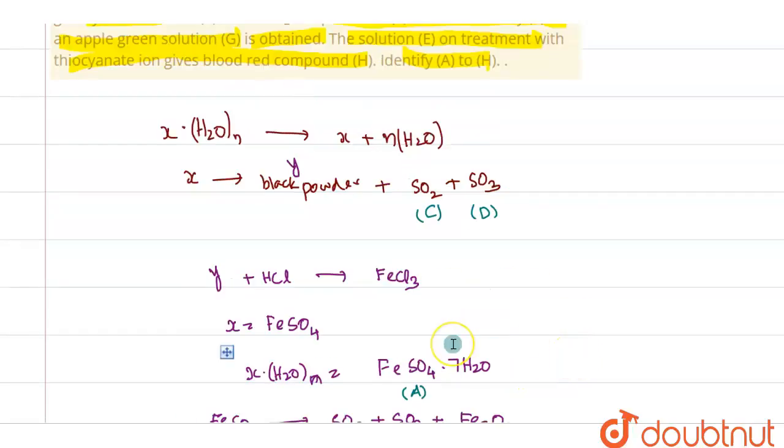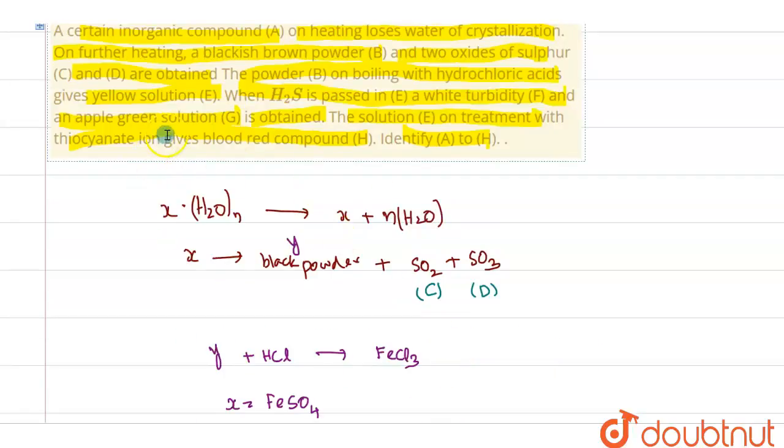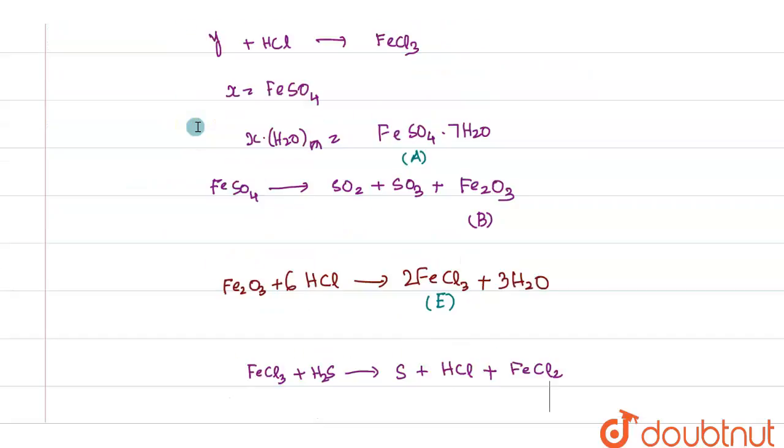They have mentioned an apple green solution, so ferrous chloride will be the apple green solution G.